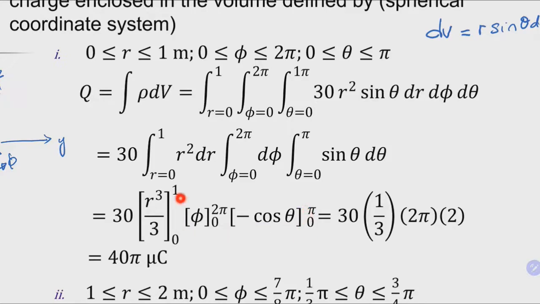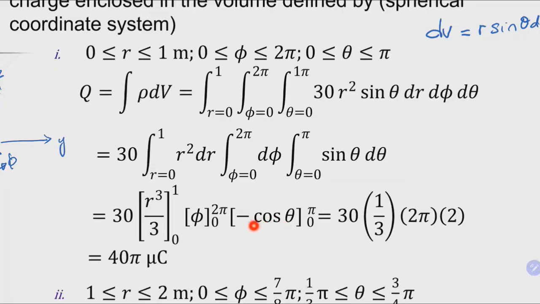Put in the limits, 1 into r cubed. So 1 cubed is 1 over 3 minus r is 0. So 1 over 3 minus 0. Pi, limits 2 pi, 0. So it's 2 pi minus 0, give us 2 pi. And then cosine theta, so minus cosine of pi, that will be minus, cosine of pi is minus 1.